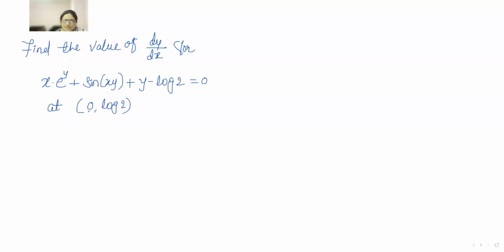Okay, means here x is equal to 0, and for y it is putting as log 2.